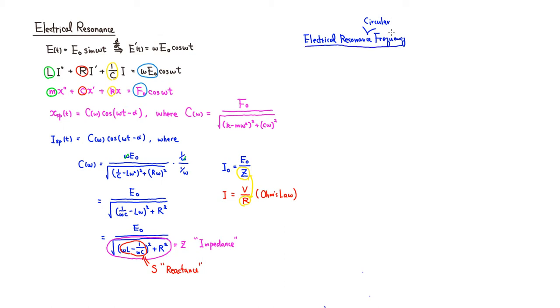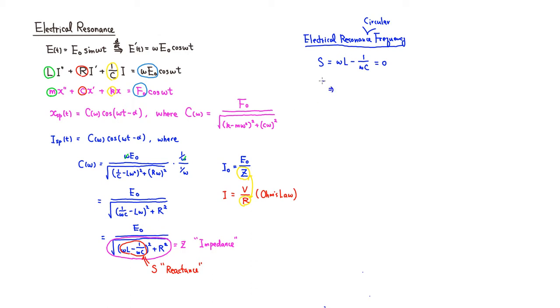The biggest possible amplitude occurs when the reactance, which is omega L minus 1 over omega C, is equal to 0. So from here, let's try to solve for omega.